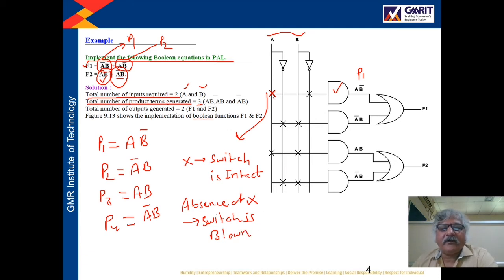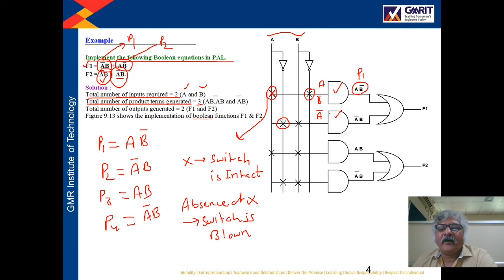Now you can see the presence of this switch indicates that the A term will come, and the cross here indicates the B bar term will be there. So this AND gate will generate A B bar, right? Same way for this AND gate. Since I marked a cross here, it indicates the presence of a switch in the A bar line.